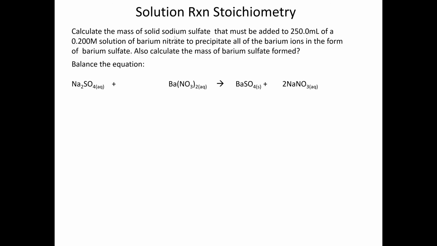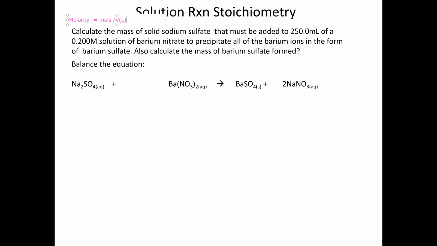Solution stoichiometry involves molarity, and molarity is moles per volume in liters. In this, we'll be given some concentration and some volume, and from that, just like in this problem, we need to calculate what mass of sodium sulfate we need and what mass of precipitate is formed.